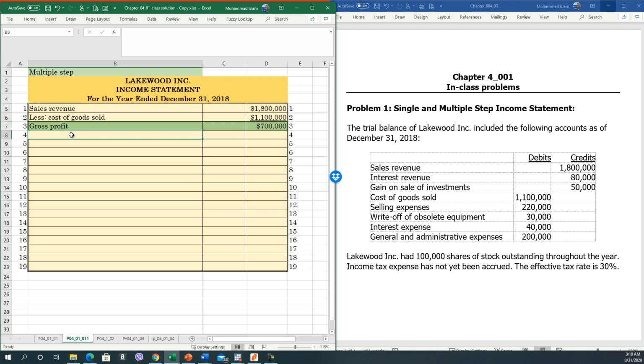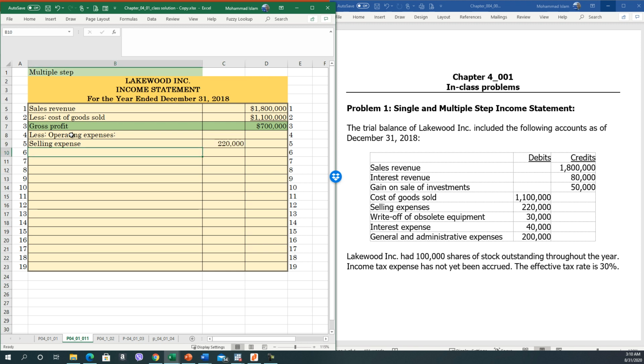Okay, and now let's do operating expenses. And what are the operating expenses? So selling expense, then selling expense total is 220,000.